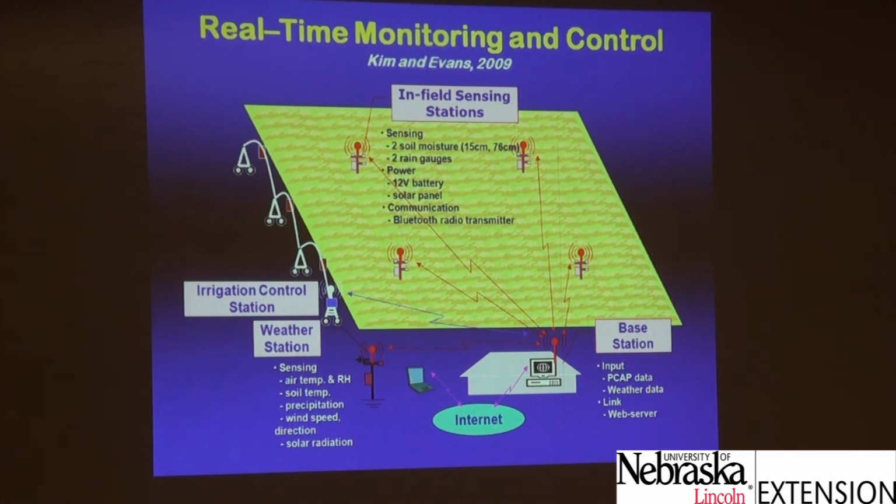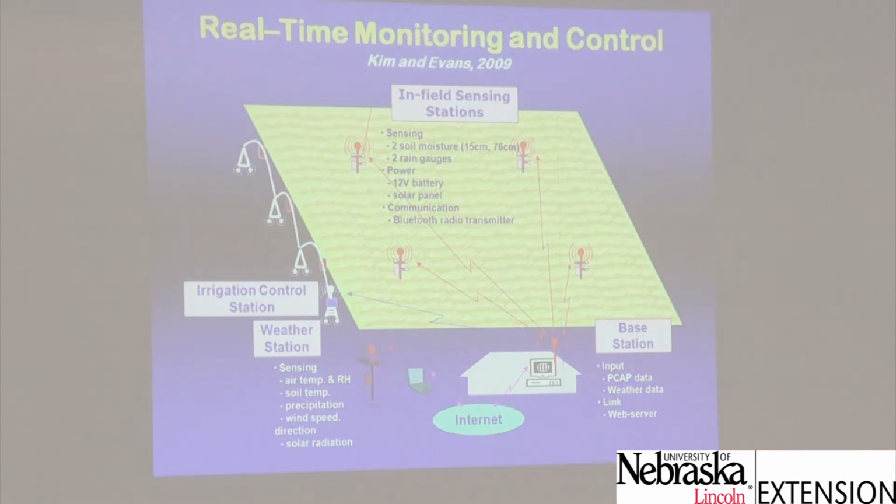And so we have always had some questions about how many of these we might need out there in the field, but there's been some work done by the ARS group up in Sidney, Montana, and in Washington State, looking at some of the real-time monitoring control systems. The basis for them is a wireless technology that would transmit the information from a point in the field to the pivot point or to some receiver that might be a line of sight away.